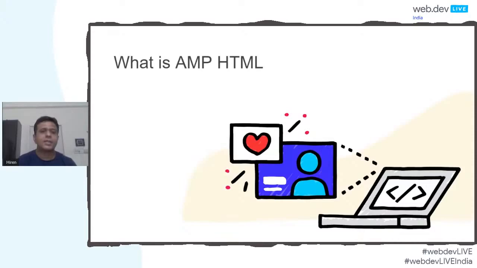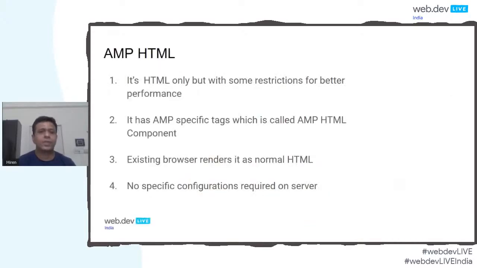First, let us understand what AMP HTML is. AMP HTML is just HTML, but it has some restrictions for better performance. It has AMP specific tags, which are called AMP HTML components. All your existing browsers like Google Chrome will render it as normal HTML.